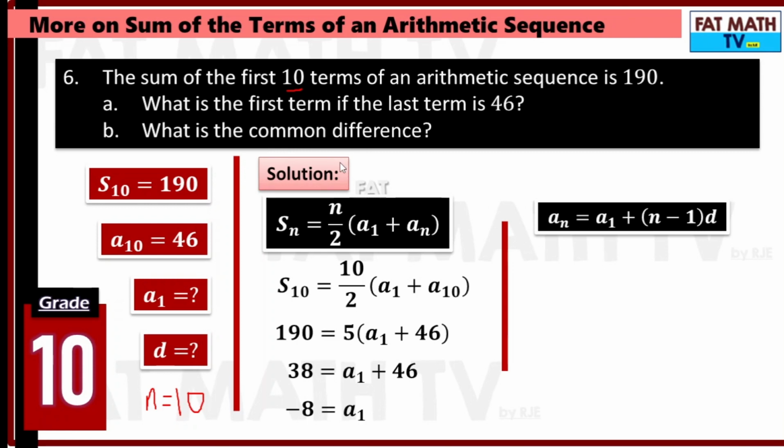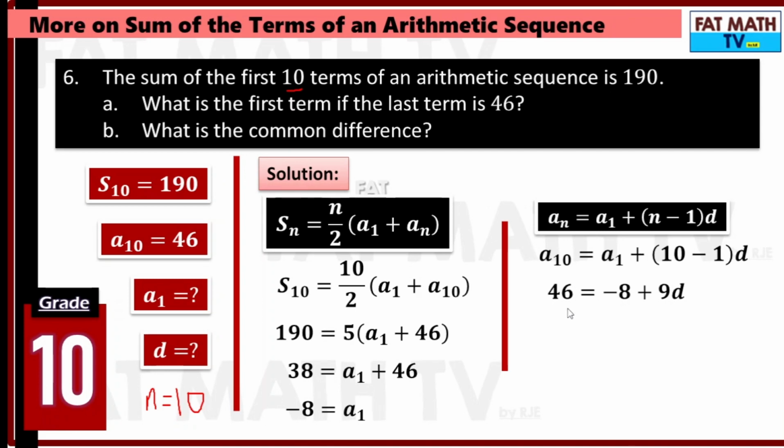And then for the common difference, let us use this formula for the nth term: a sub n equals a sub 1 plus n minus 1 times d. A sub n is 46. That's a sub 10 equals a sub 1 plus 10 minus 1 times d. A sub 1 is what we obtained in the first part, negative 8, plus 10 minus 1 is 9, 9d.